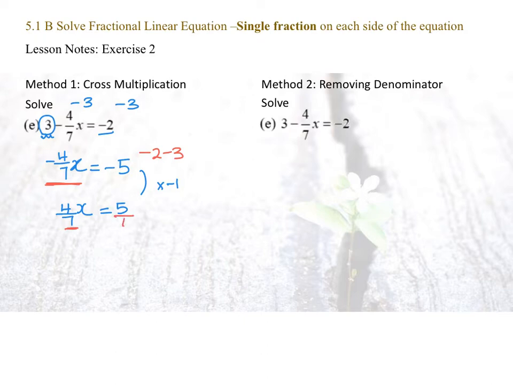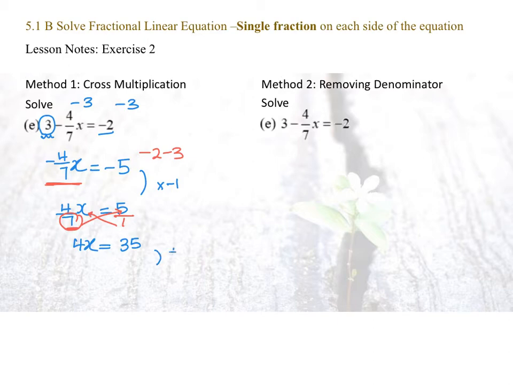Using cross multiplication, the denominators cross and multiply over, and the equal sign stays in the center. 7 crosses over and multiplies to 5. 7 times 5 is 35. 1 crosses over to multiply to the numerator, so we'll get 4x times 1. 4 units of x is equals to 35. How do we get 1 unit?